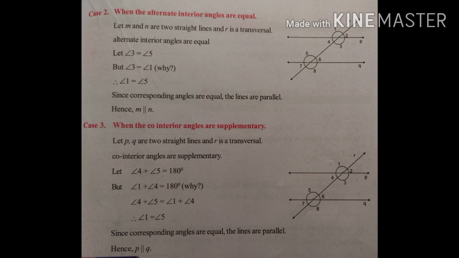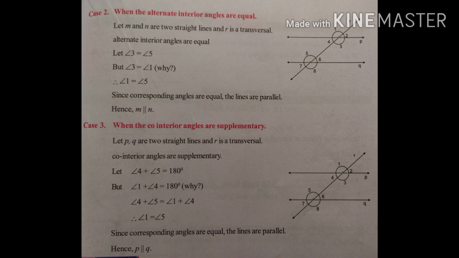Angle 1 and angle 3 are vertically opposite angles. So angle 3 is equal to angle 5, and angle 3 is equal to angle 1. So angle 1 is equal to angle 5. Since corresponding angles are equal, the lines are parallel. Hence, M is parallel to N.